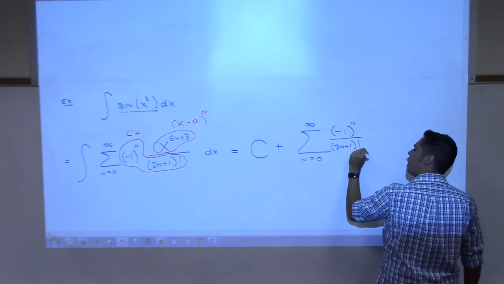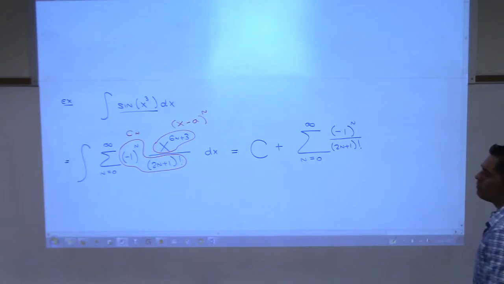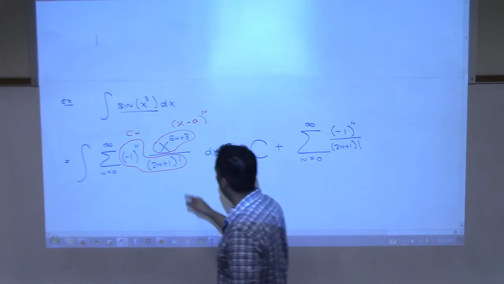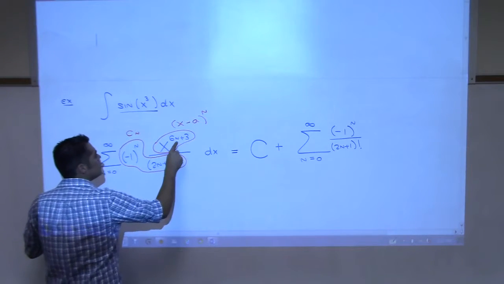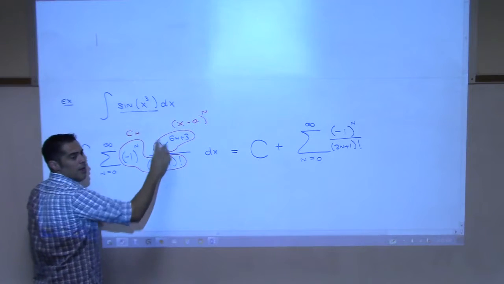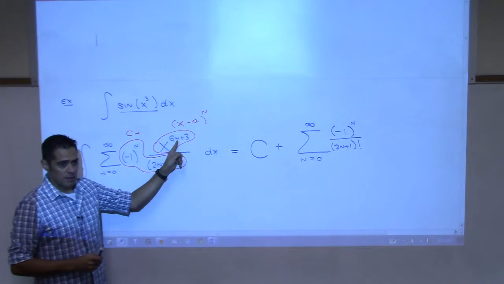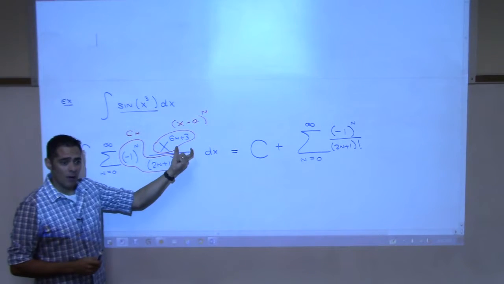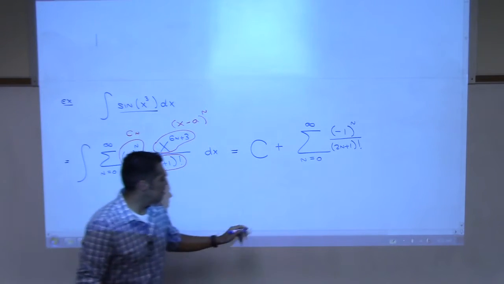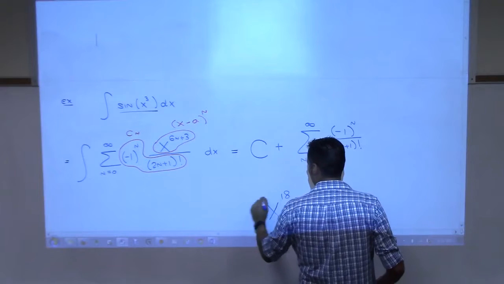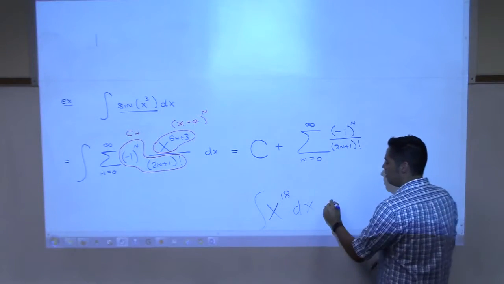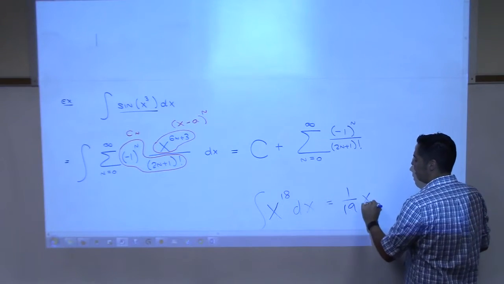Pardon? Would it be 6n plus 9 because the n is in parentheses? What n is in parentheses? 6n. This is not, oh, no, okay. I see what you're doing. We're not adding 1 to n, okay? What we're doing is adding 1 to the power, right? So like if I said everyone in here, let's integrate x to the 18th power, you would just say 1/19 x to the 19, right?